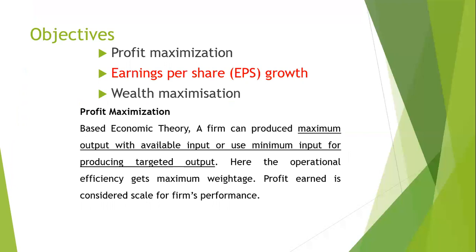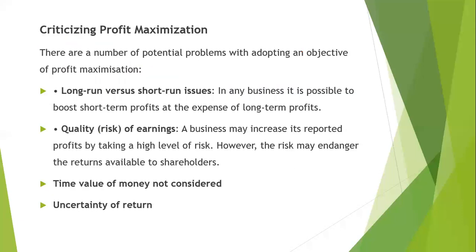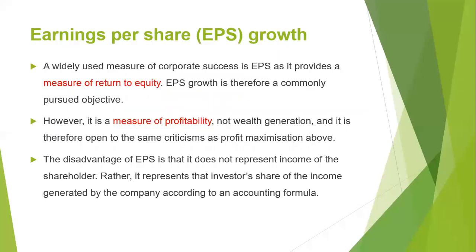Wealth maximization means that profit maximization is a part of wealth maximization, but they are mainly focused on enhancing the value of the firm. The criticisms we are familiar with, and what makes wealth maximization superior to profit maximization we are familiar with. So these are the three core objectives of financial management: profit maximization, EPS growth, and wealth maximization.